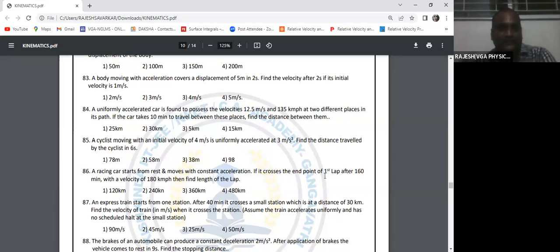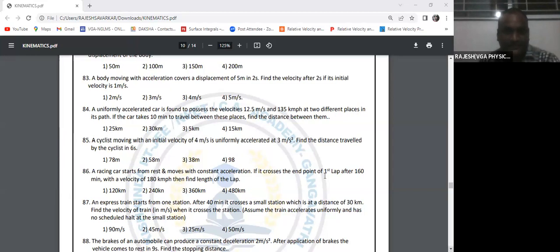So u plus v is 12.5 plus 37.5, it is 50. 50 by 2, 25. 25 into 10 minutes means 10 into 60, so 25 into 600. How much you will get? 15 kilometers, no? 25 into 6 is 150. So 15,000, that is 15 kilometers.